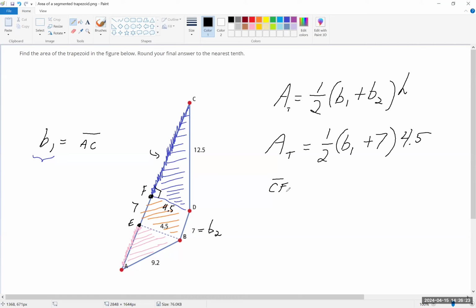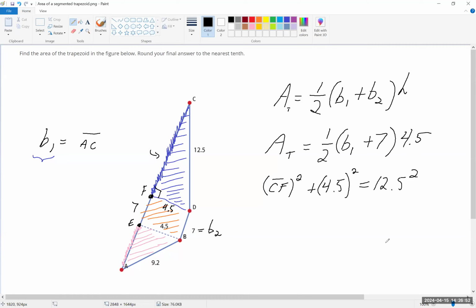And so CF squared plus 4.5 squared is 12.5 squared. I didn't say this immediately, but it was real obvious to me to use the Pythagorean theorem.